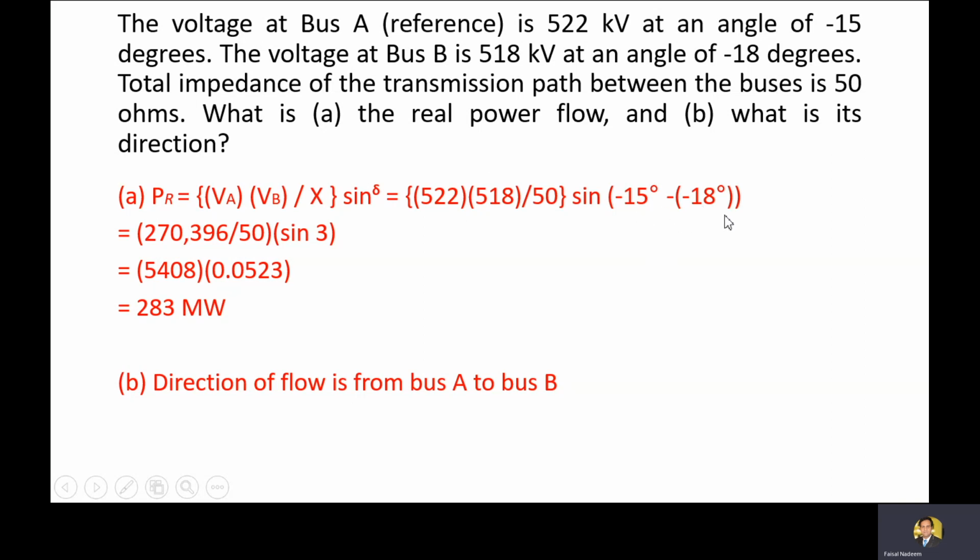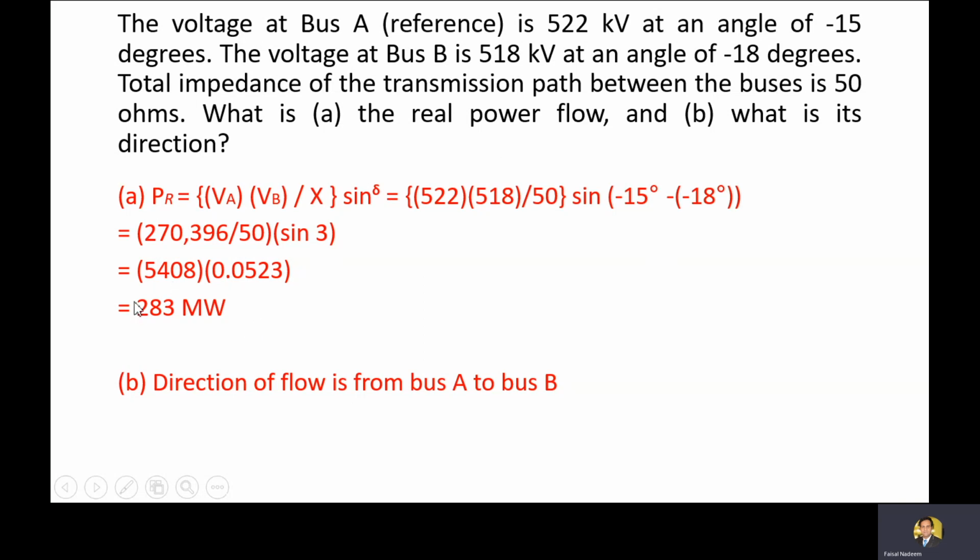So minus 15 plus 18 is equal to sine of 3 degrees. When we solve this with the help of a calculator, we end up with 283 megawatt. So the value of the real power is 283 megawatt.